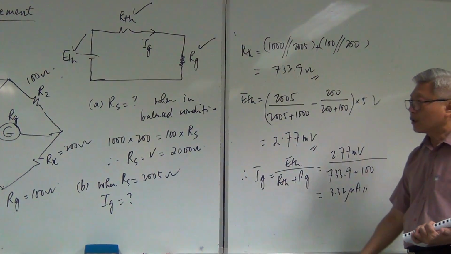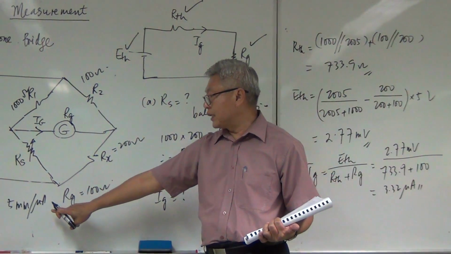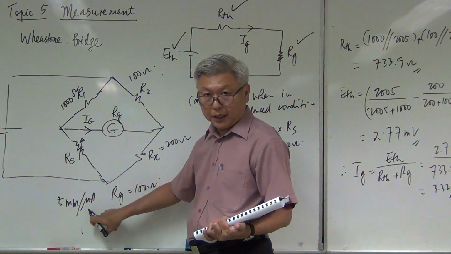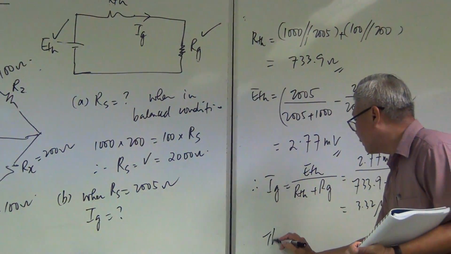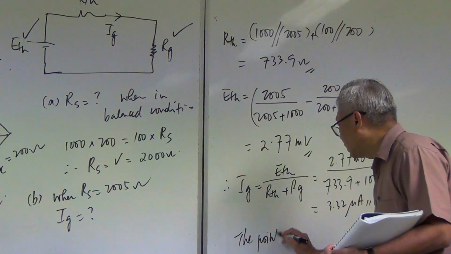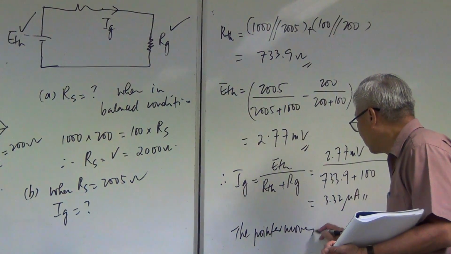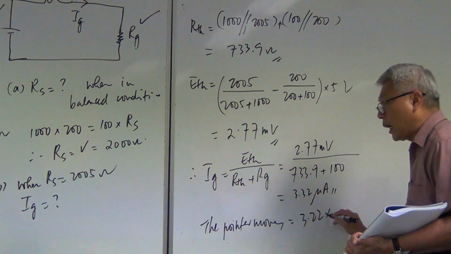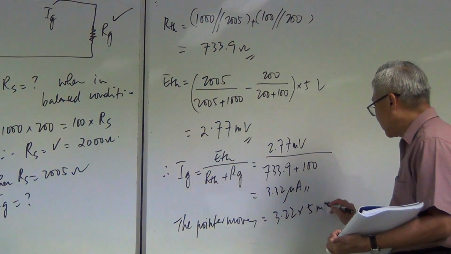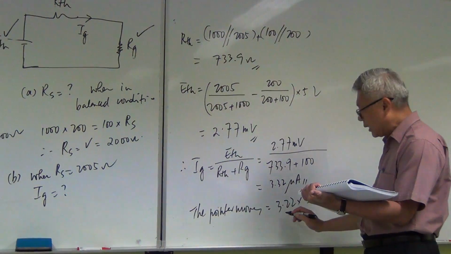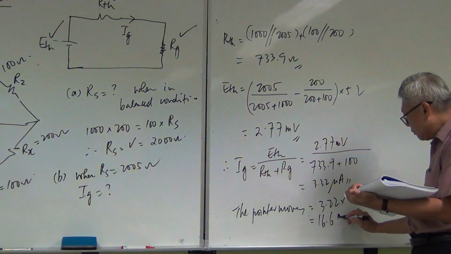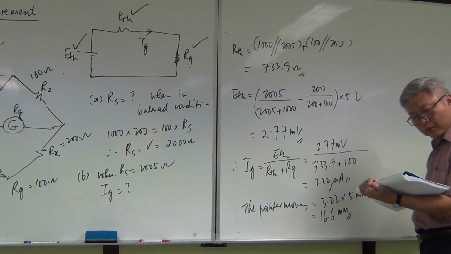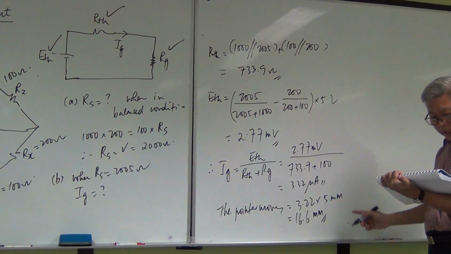We are told that the movement is 5 millimeter per microampere. So how many millimeters does the pointer move? 3.32 times 5 millimeters, which is equal to 16.6 millimeters.